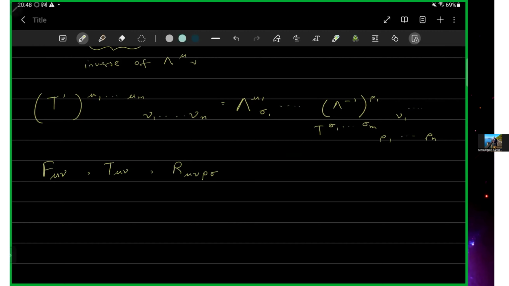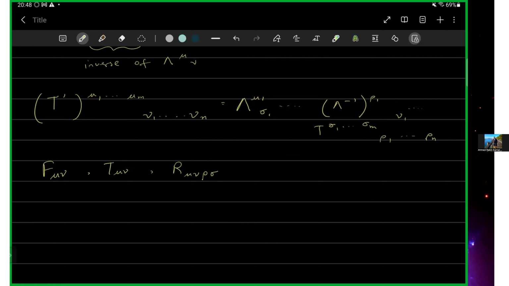Now you might question why tensors are important. The reason is that tensors can absorb a lot of these properties, like transformation laws and whatnot.